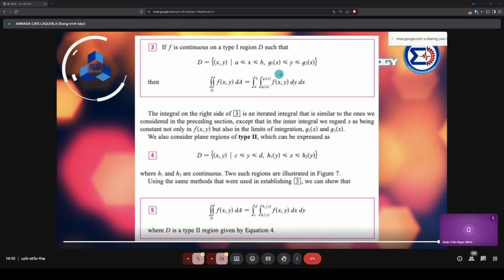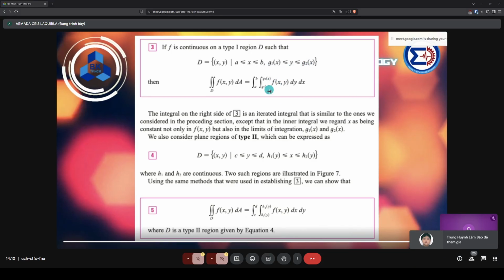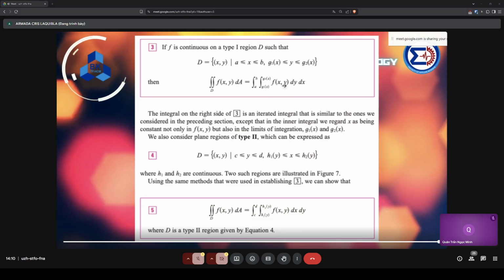You know why? Because your y here is bounded by a function of x. So what will happen is, in your f of xy, you solve the integral, then after that you substitute the functions of x there. Then all the results inside become functions with x as the variable.